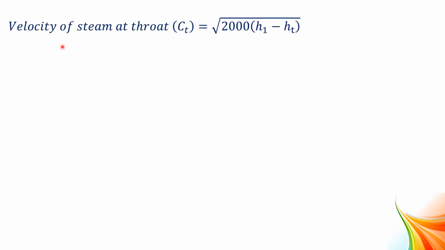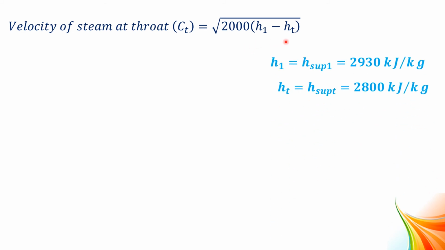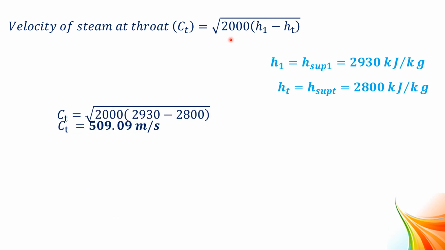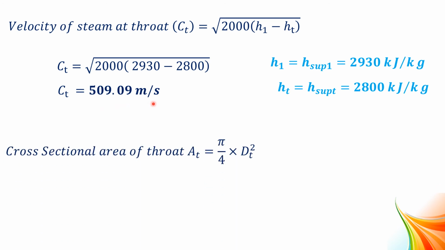We know the velocity of steam at the throat, Ct equal to square root of 2000 into (h1 minus ht). So we have obtained the values of h1 and ht from the Mollier diagram. Now substituting the values of h1 and ht in the velocity equation, we get Ct equal to 509.09 meters per second.